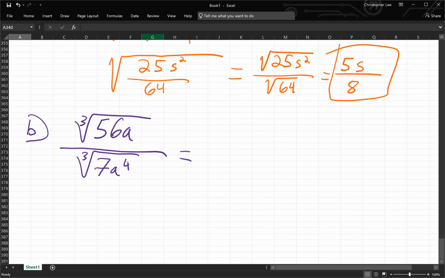So let's write this under one general root just to make our life easy, right? So I'm going to do the cube root of 56a divided by 7a to the 4th, right?